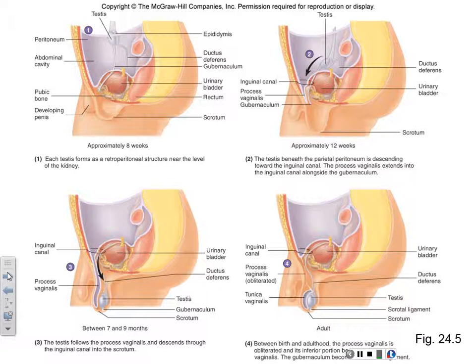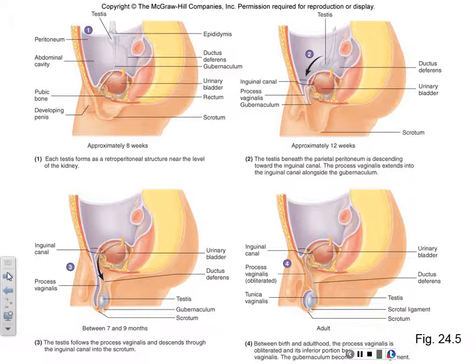And then all this peritoneum that it goes through comes down here, and you see the processus vaginalis, an extension that follows the gubernaculum as the testes descend, becomes the outside layer covering the testes.